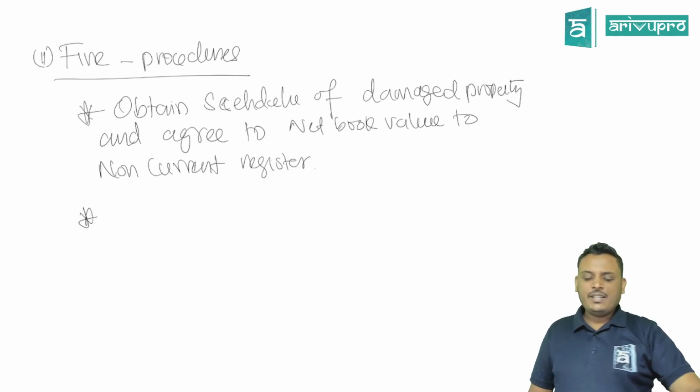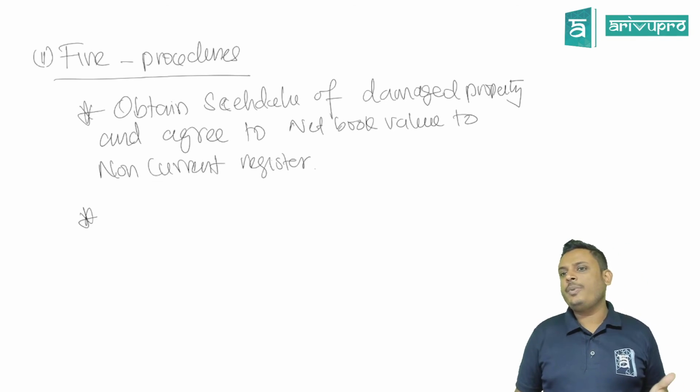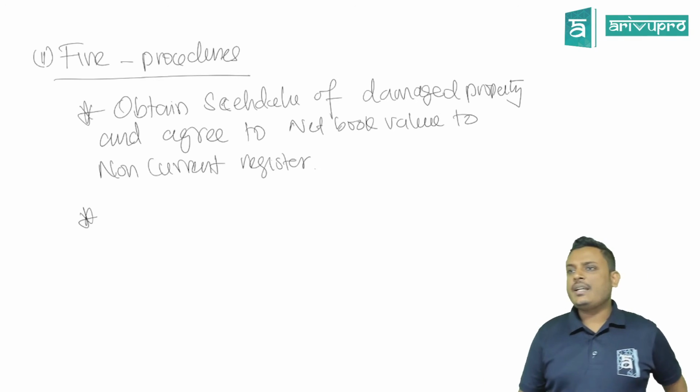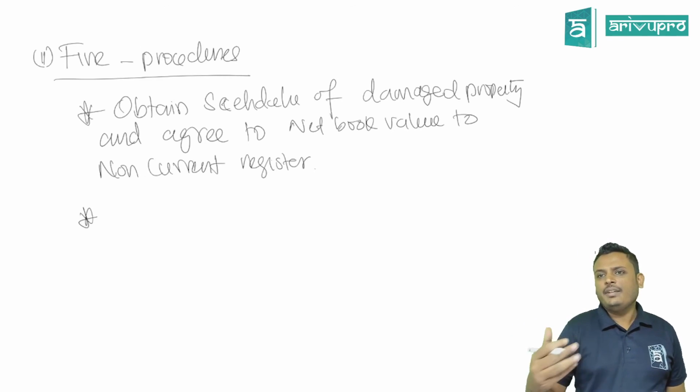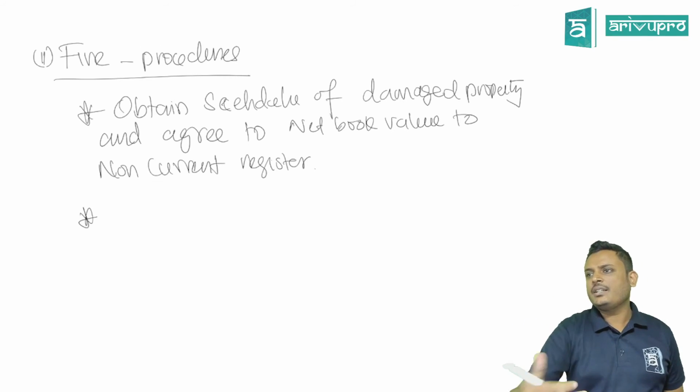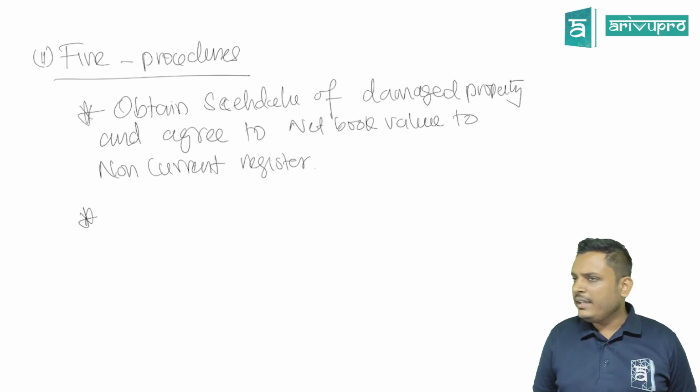So the damaged property list is to be compared with what? The non-current asset register, to confirm the value. This much value of asset is destroyed. Clear? One procedure.